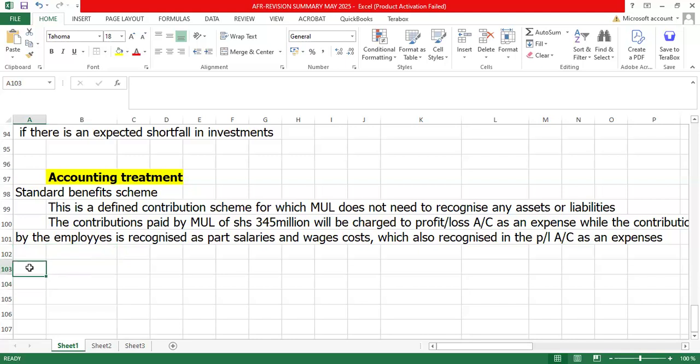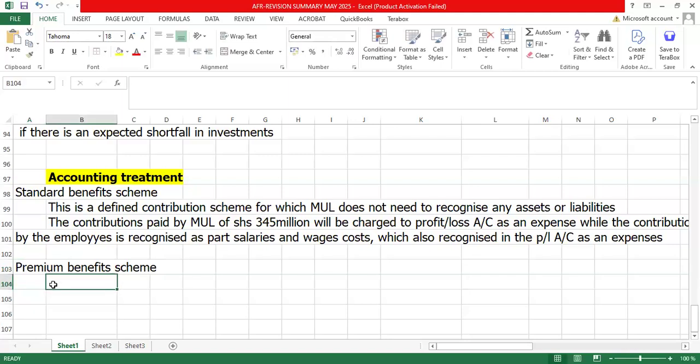So you will handle the accounting treatment for premium as your assignment. But it's the same thing we have done from our first two questions.